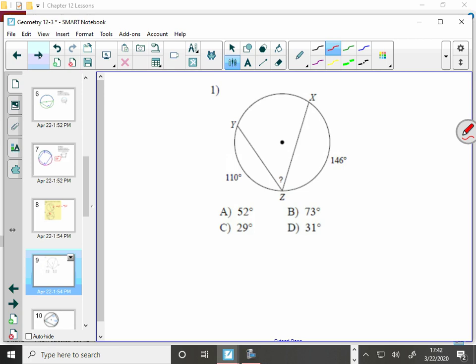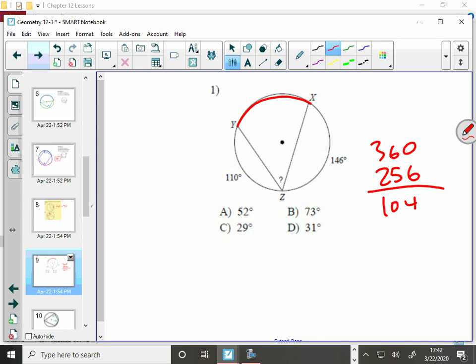All right, we're going to find the missing angle, the question mark. If YZ is 110 and ZX is 146, you add those together, you get 256. So the rest of the way around has to be 360 minus 256, which is 104.